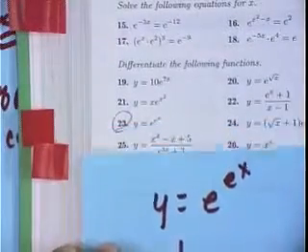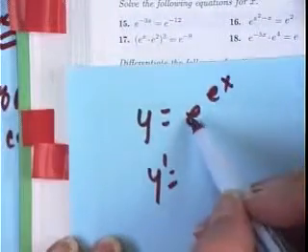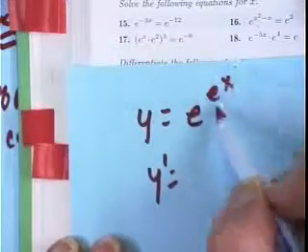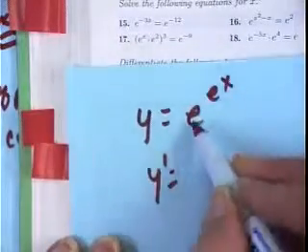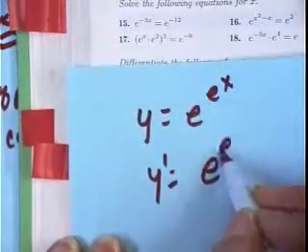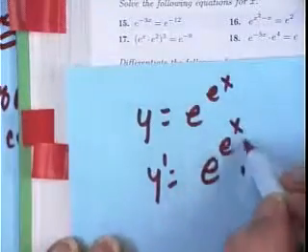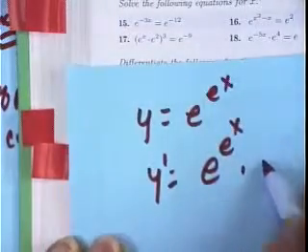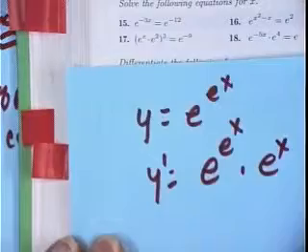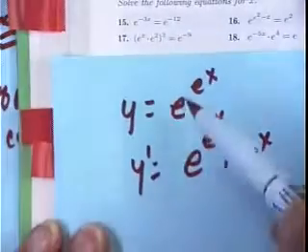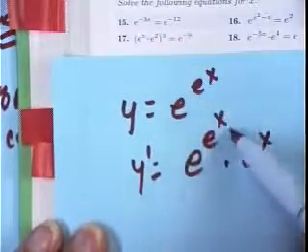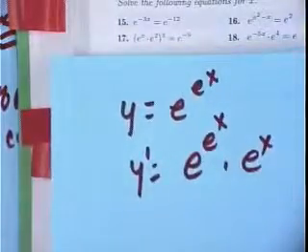You're using your good little chain rule, right? What's the derivative of e raised to some function? e to that function times the derivative of that function, which is e to the x. Everybody got it right? The derivative of e to the u is e to the u times the derivative of that u part.